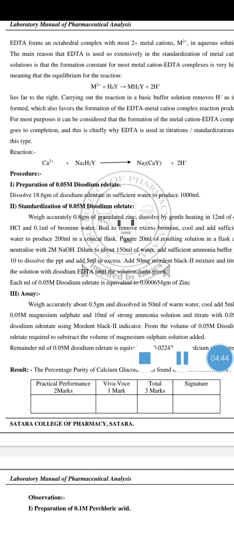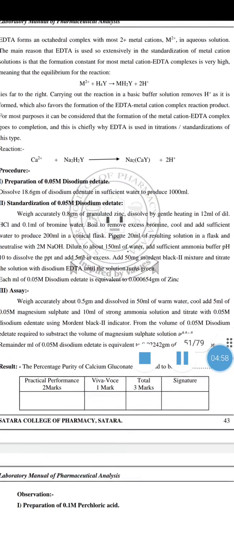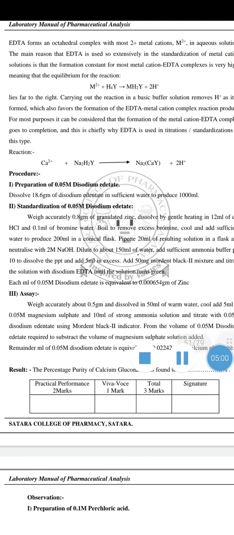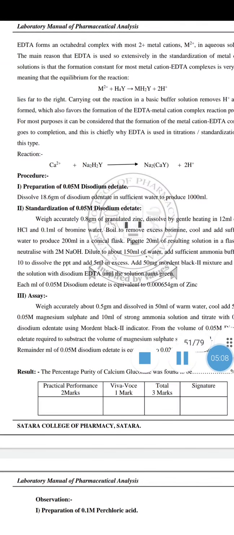Then standardization of 0.05 molar disodium edetate: weigh accurately 0.8 gram of granulated zinc, then dissolve in 12 ml of dilute HCl with gentle heating, and add 0.1 ml of bromine water. Then boil to remove excess bromine. Cool and add sufficient water to produce 200 ml in a conical flask.